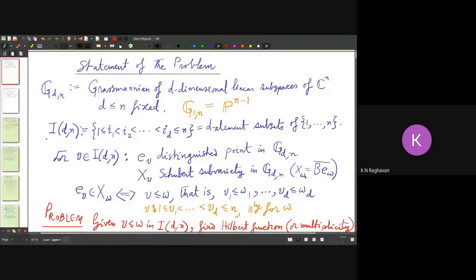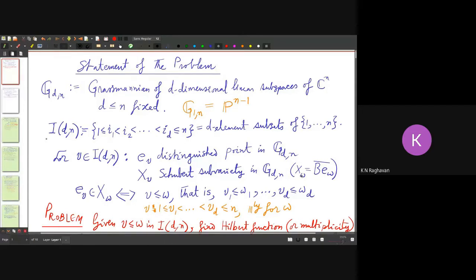For the experts, just to recall, there is a Borel group action on the Grassmannian, which I'll recall later. You take the orbit of this distinguished point E_W and then take the closure. That's what X_W will be.